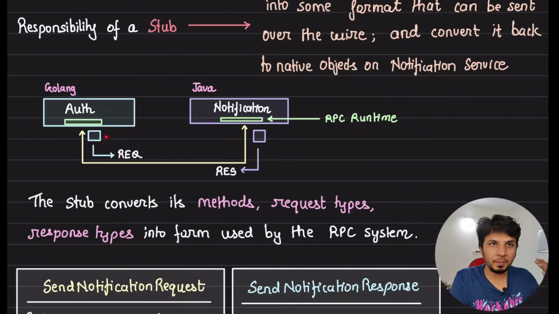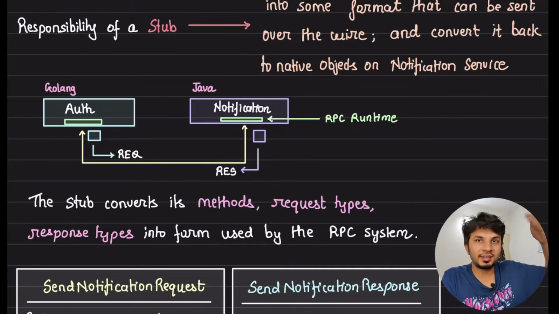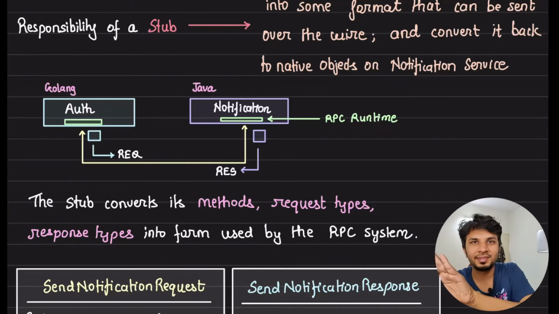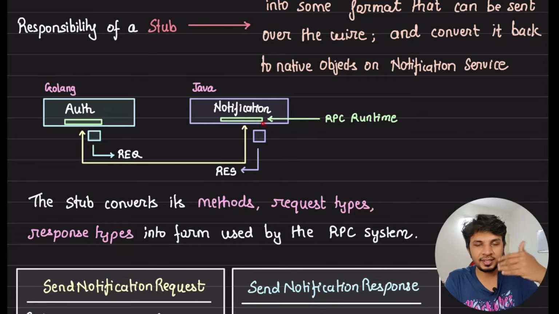Once the stub converts it into a format, it sends it to the notification service. The notification service receives it. There, the stub on the notification service understands what has been sent, and then converts it into the native object of the notification service in Java. So Golang's struct gets converted into Java's class, right? And once it understands it, it takes the necessary action.